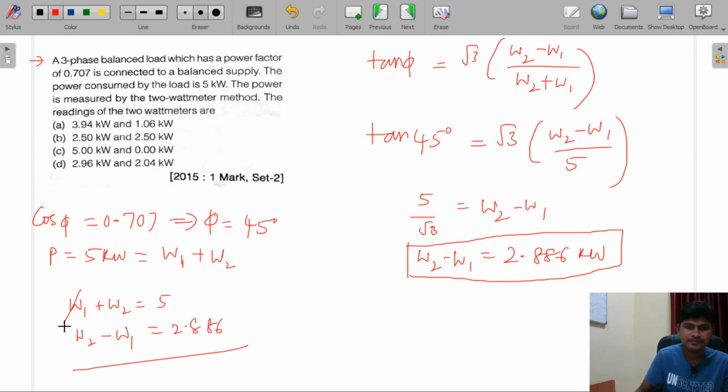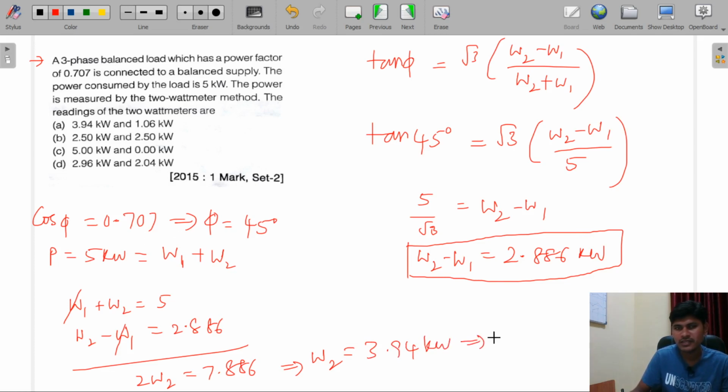Then 2W2 is equal to 7.886, so W2 will be equal to 7.886 by 2, which is 3.943, about 3.94 kilowatts. From this you will get W1 is equal to 1.06 kilowatts. Then that option is the correct answer.